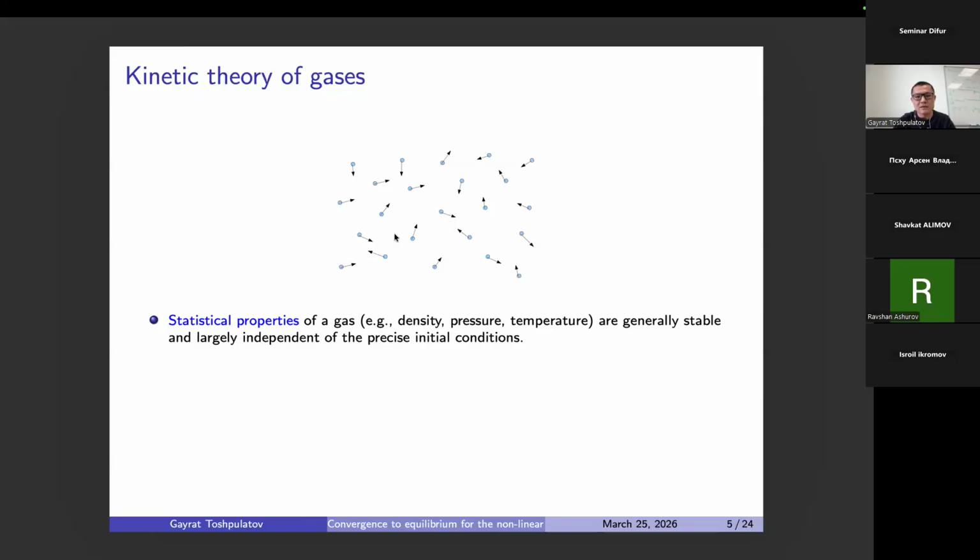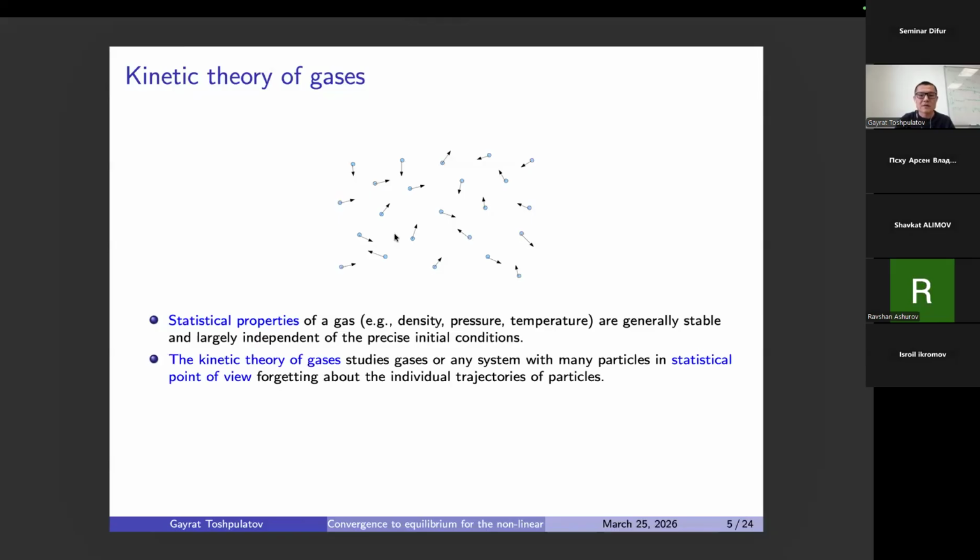So we can study the statistical properties of the gas. There is a branch of statistical physics called kinetic theory of gases. This field studies gases or any system with many particles from a statistical point of view. In this theory, we forget about each individual particle, but we are interested in the statistical properties.